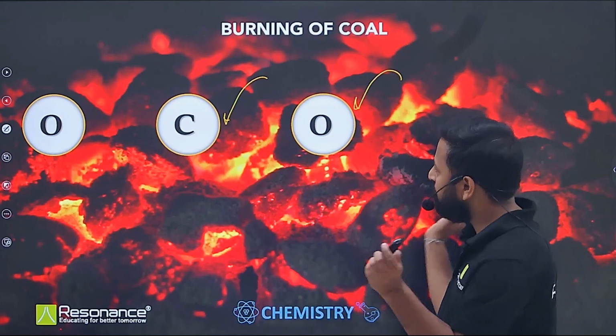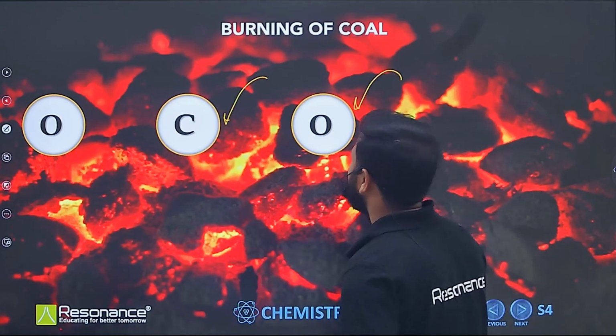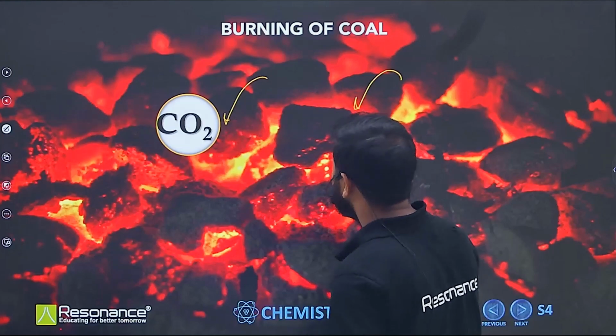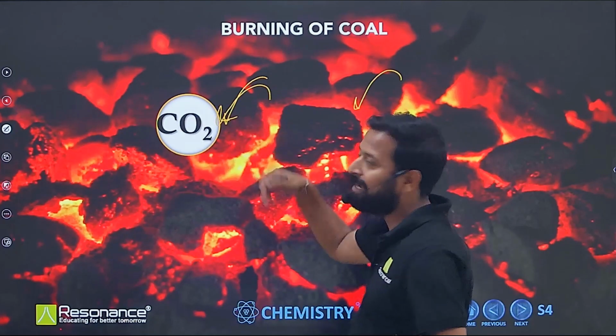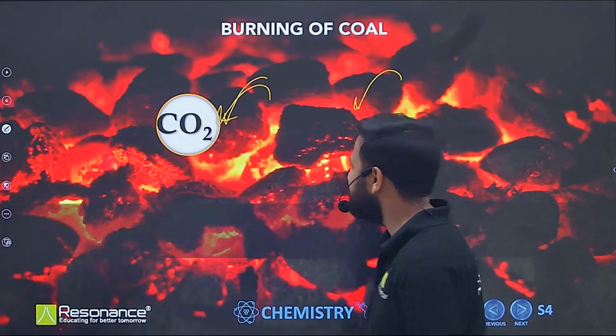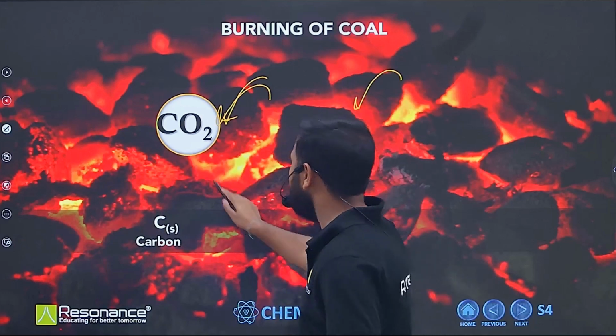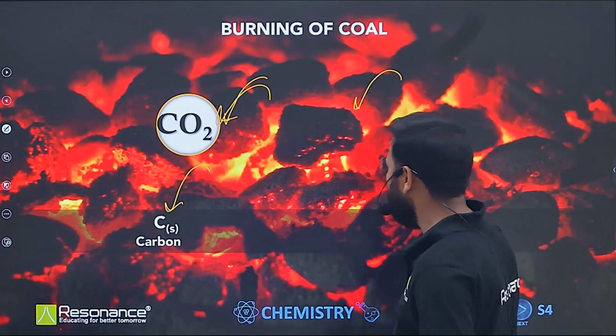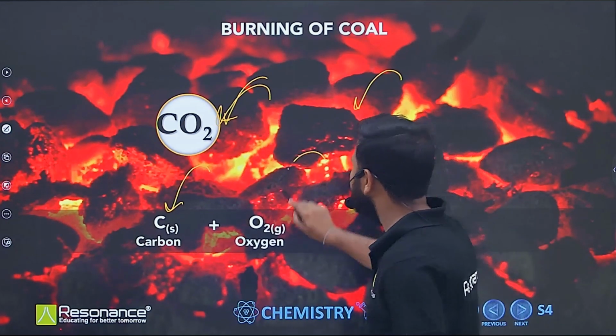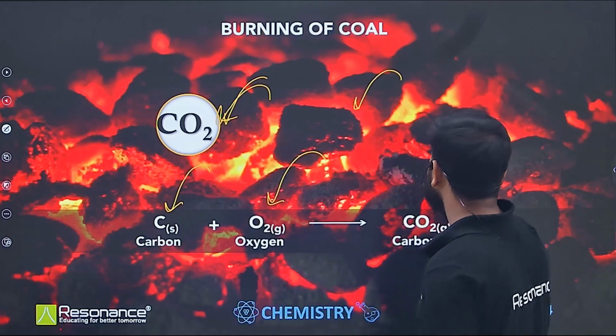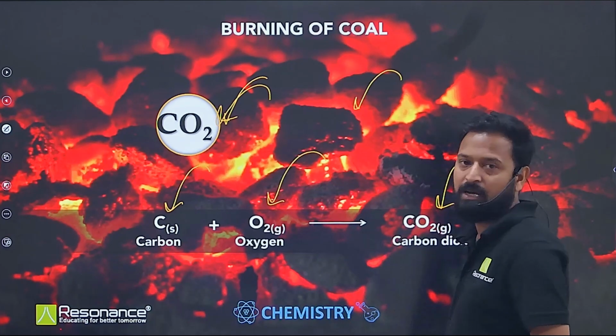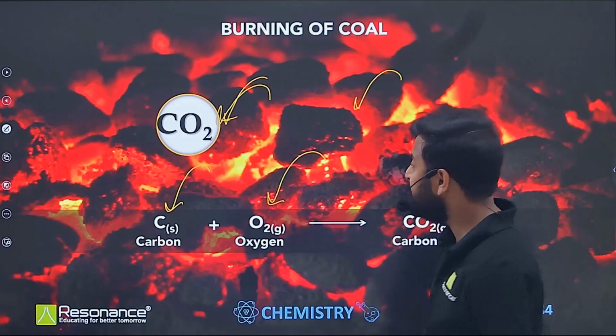These two will react with each other and form CO2. Again, a combination reaction is happening. The carbon solid from the coal and oxygen from the atmosphere form CO2, our product over here. So it's a combination reaction.